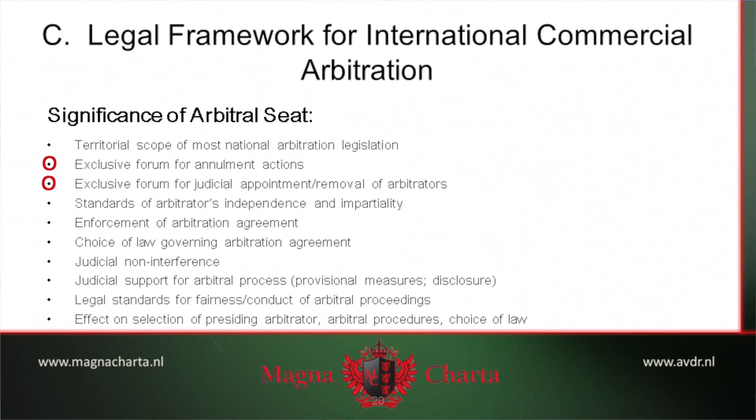What that means is if the arbitration is seated in The Hague, then it is Dutch courts and only Dutch courts that can annul the award, can set the award aside. It is Dutch courts and only Dutch courts that can appoint arbitrators, assuming you haven't selected an arbitral institution to do so, and remove arbitrators. Courts in Germany can't do either of those things.